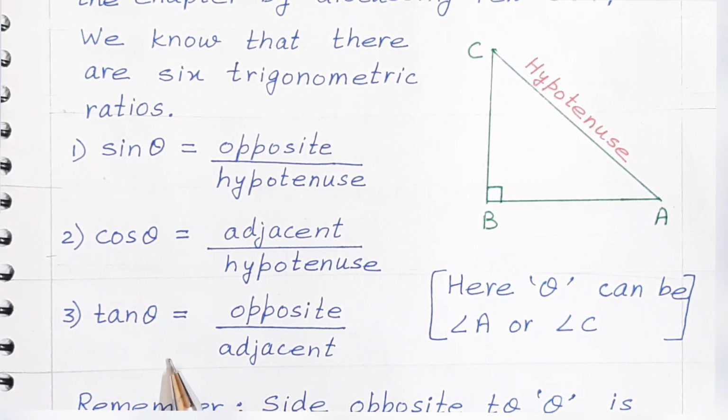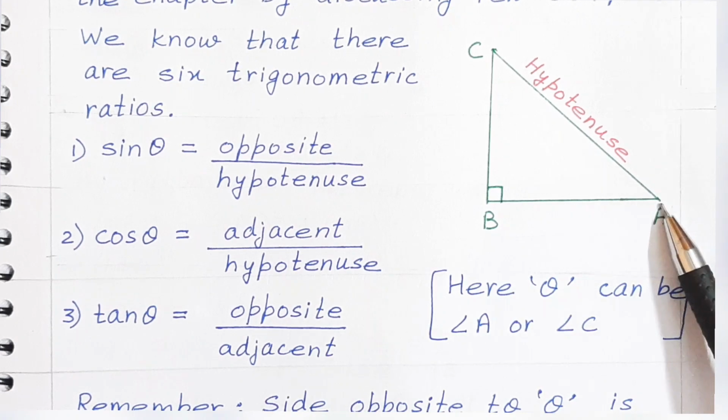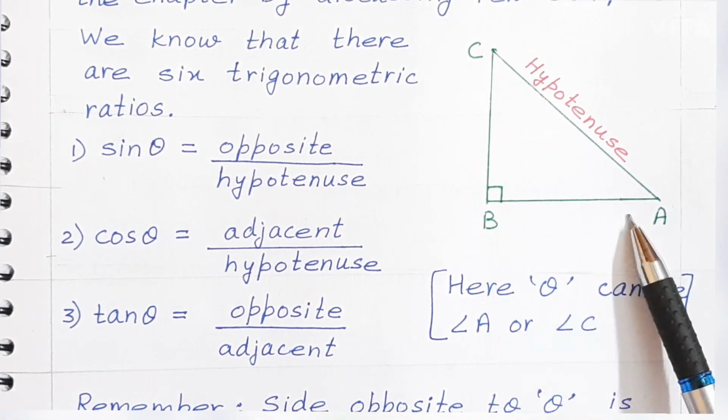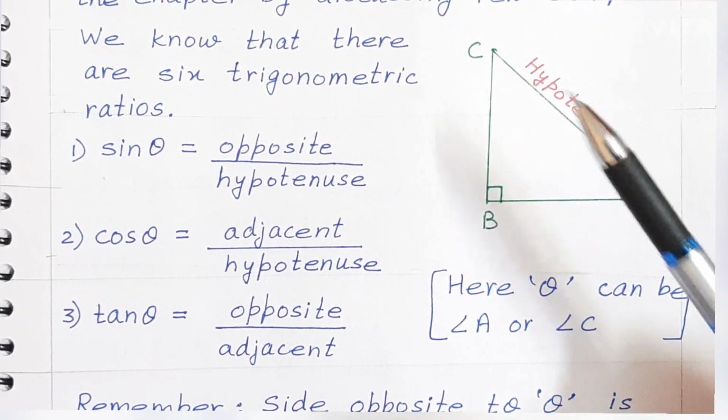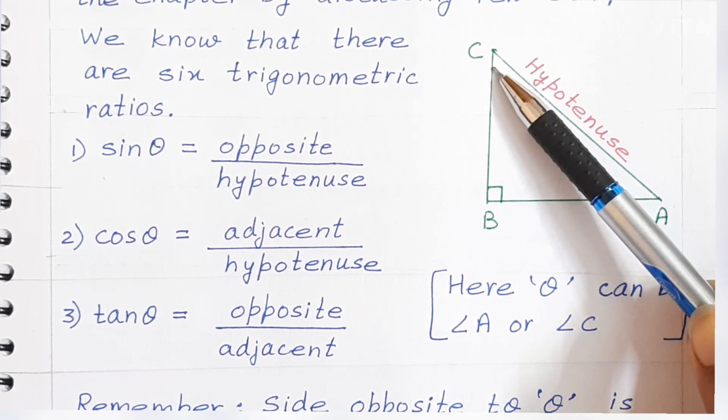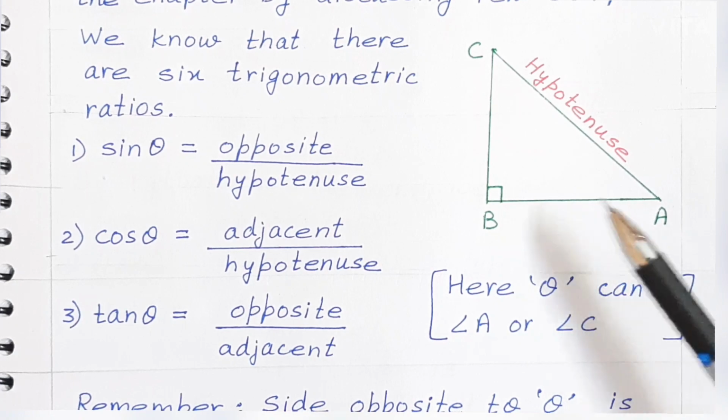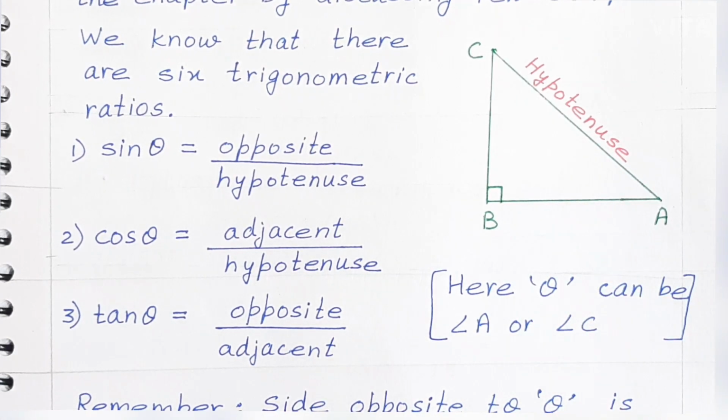Tangent theta is opposite upon adjacent. That means tangent A is equal to BC upon AB and tangent C will be equal to AB upon BC. I hope it is clear to everyone.